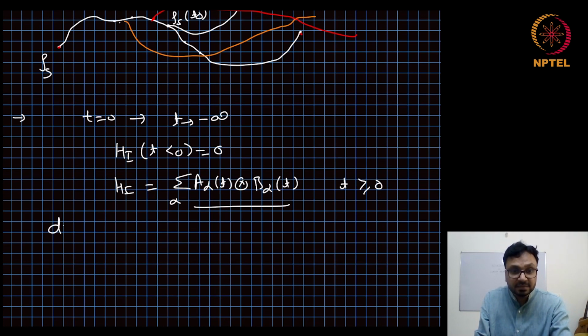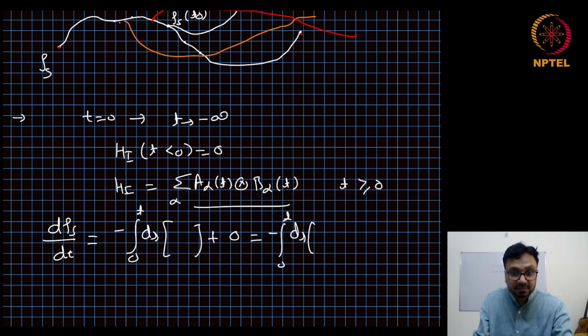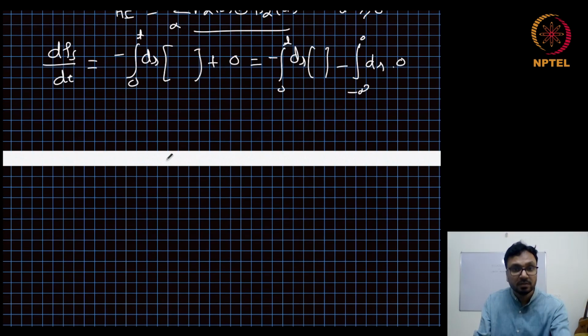It means we can write d rho s over dt to be the integral from 0 to t ds of the expression we had calculated, plus 0 because the interaction Hamiltonian is 0. This can be written as minus the integral from 0 to t ds of the expression, plus the integral from minus infinity to 0, with a minus sign, of ds times 0.